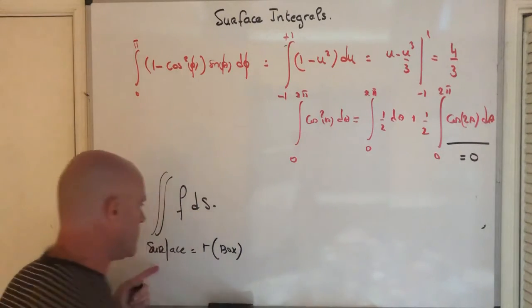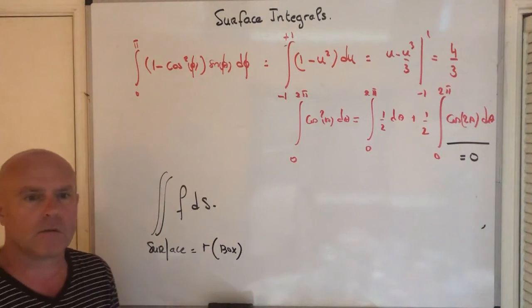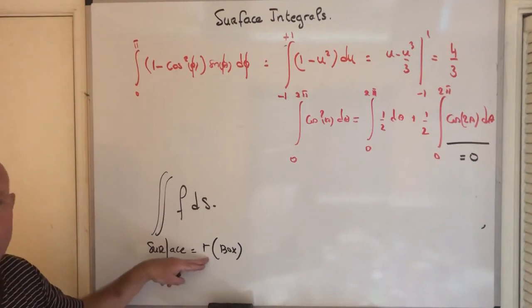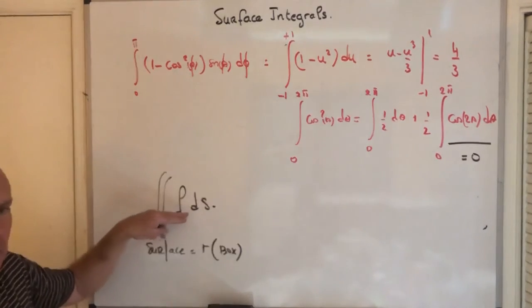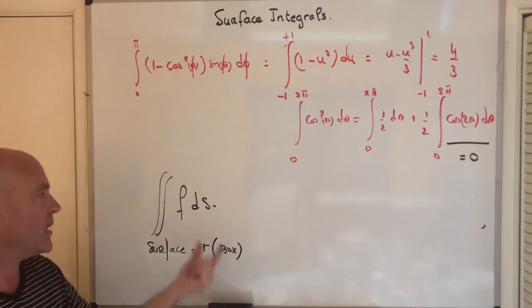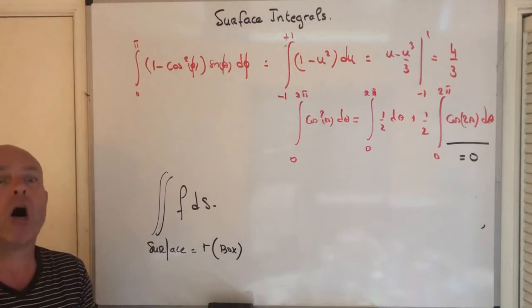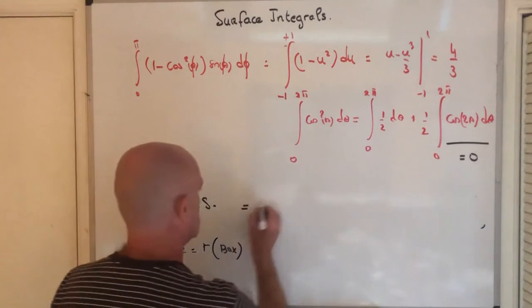You have parameterized your surface over a box in R2, depending upon u and v. And I call the parameterization r. You have a function f depending upon 3 variables, x, y, z. And you have this dS element, which is just the elementary area on your surface.